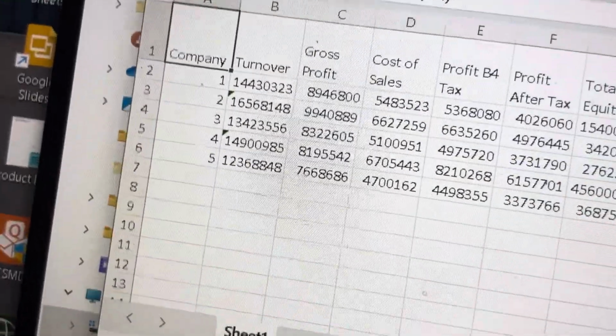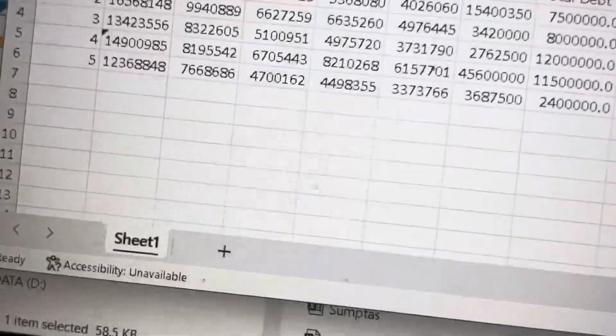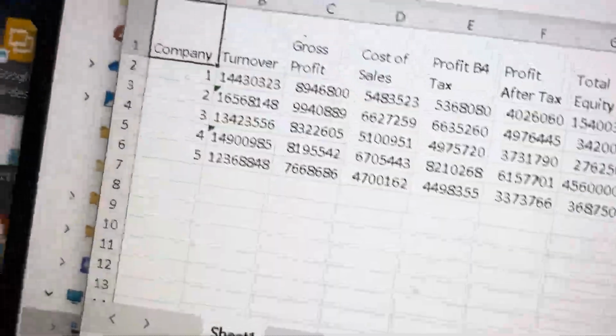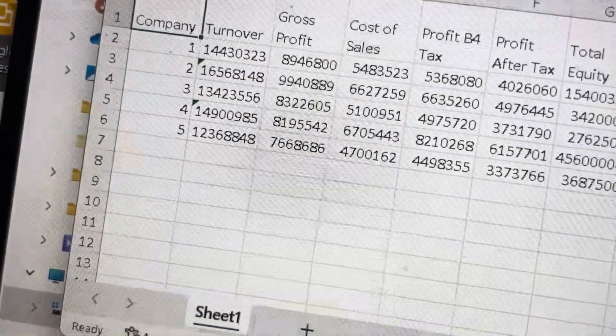Now with this in mind, we can now do our ratio analysis. We have already seen the number of companies that are there. So let's go there now.